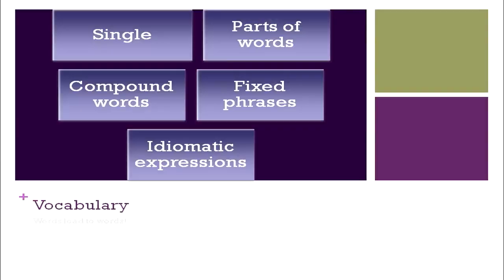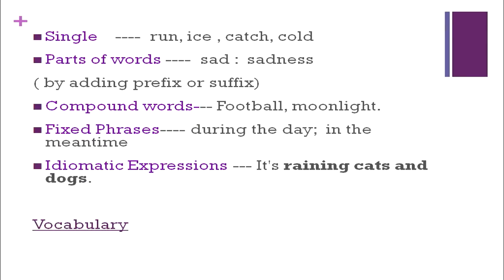Now, words can be single, they can be parts of words, there can be compound words, there are fixed phrases, then there are idiomatic expressions. Words generally lead to words. We learn like that. Let's take examples of single words. Single words are run, ice, catch, cold. Sometimes without the context also they are conveying meaning. Some words are parts of words.